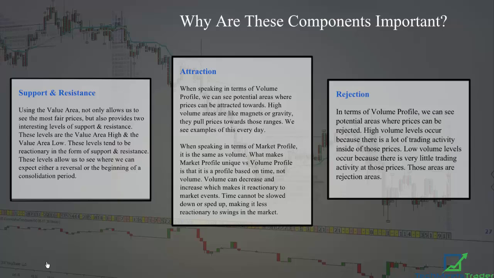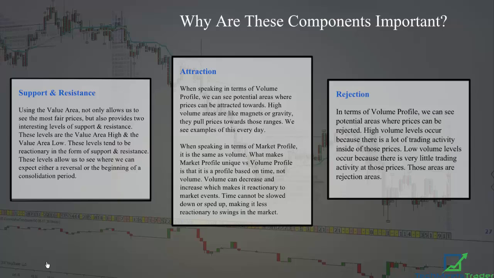What makes market profile unique versus the volume profile is that it is a profile based on time, not volume. Volume can decrease and increase, which makes it reactionary to market events. Time cannot be slowed down or sped up, making it less reactionary to swings in the market.